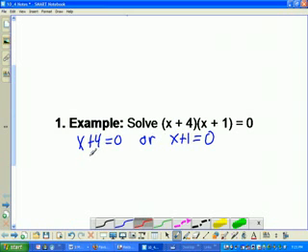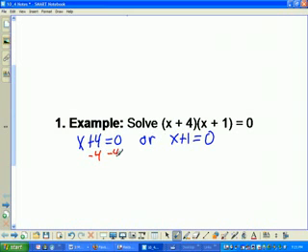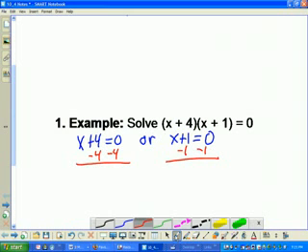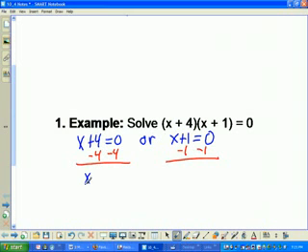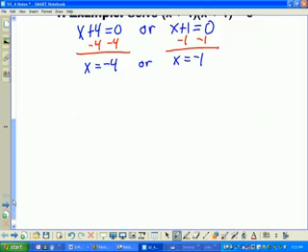So then I subtract 4 from both sides in the first equation, and I subtract 1 from both sides in the second equation. And x equals -4 or x equals -1. That's all there is to that problem.